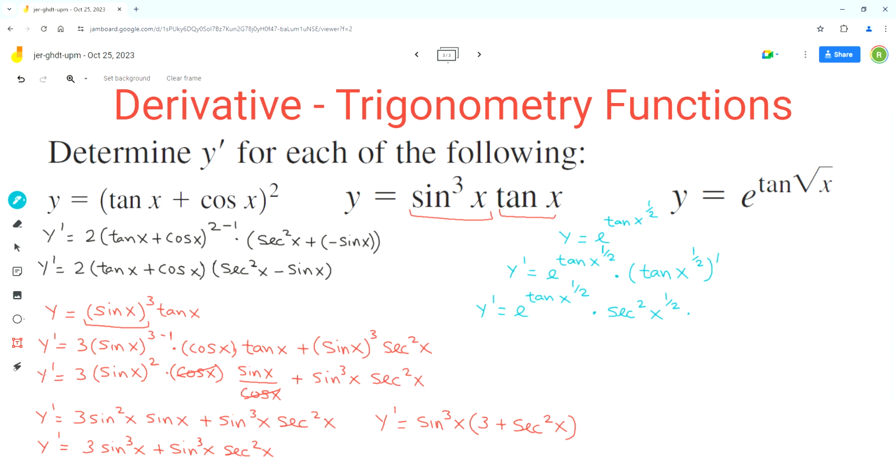As per the power rule, we move the exponent half to the front and we subtract 1 from half.